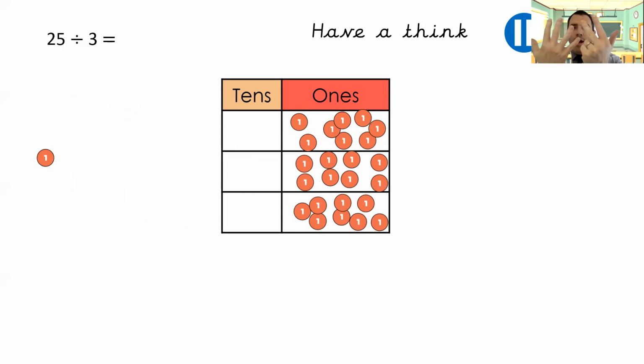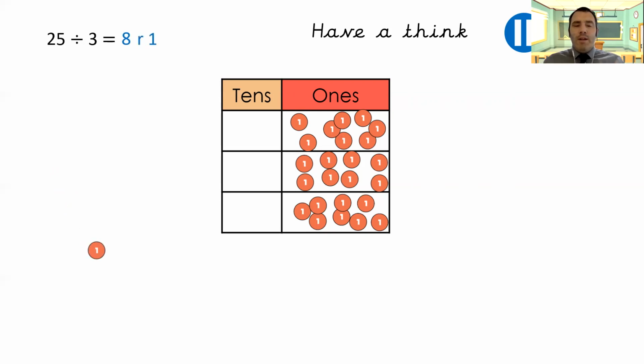So my 8 threes makes 24. Then to get onto 25, I've got to add 1 more on. That's my remainder that's left outside. This one here. So my answer is 8, remainder 1.